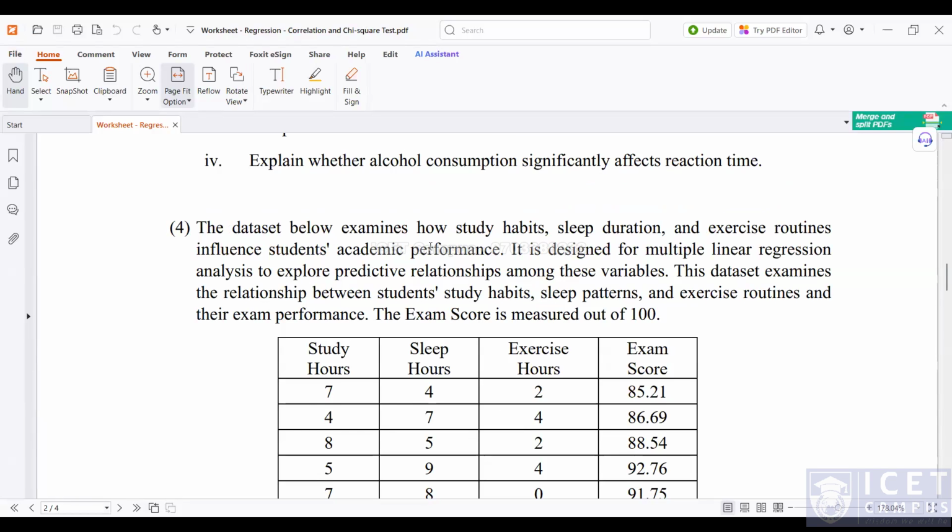So here the dependent variable is the students' academic performance, and the independent variables are the others: sleep duration, exercise hours, those things, and sleep hours.